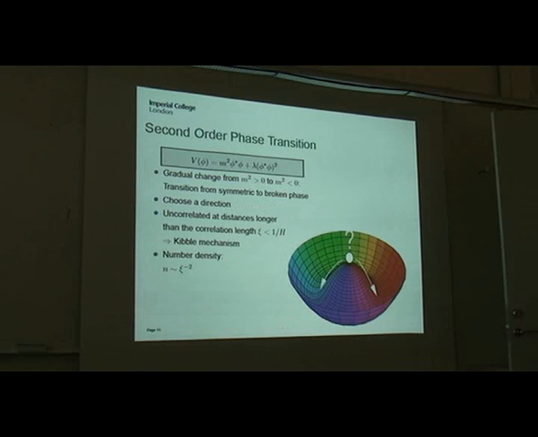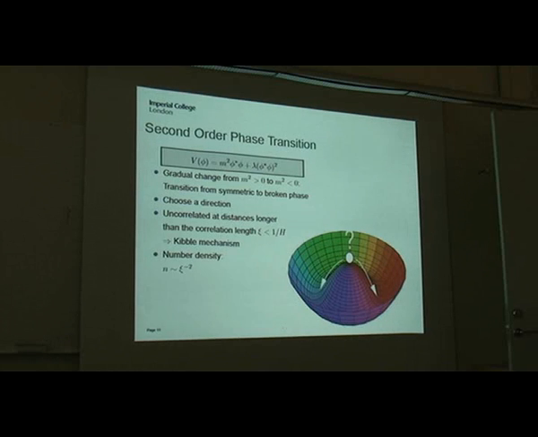The field has to choose a direction which way to go, and it can't choose the same direction everywhere because there's a finite correlation length psi, and in cosmology it has to be shorter than the horizon, just by causality. And so therefore you still have a Kibble mechanism here.